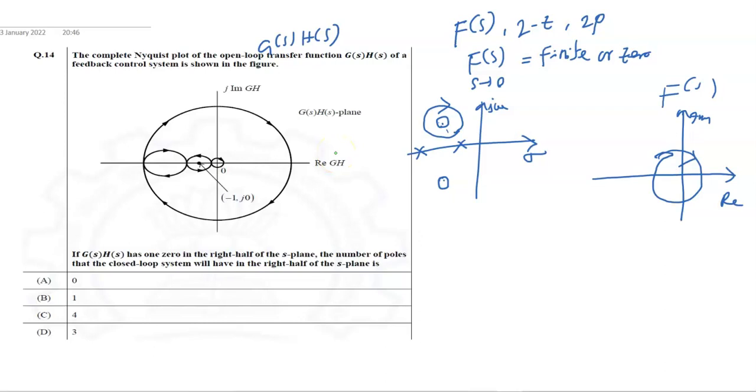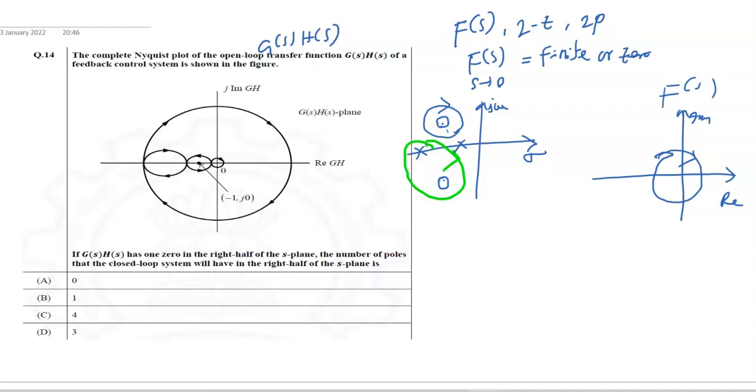If you include 1 pole and 1 zero in the encirclement, then you will not encircle the origin of the F(s) plane at all. Next case, include only poles.